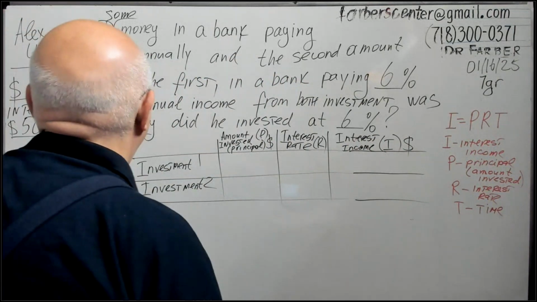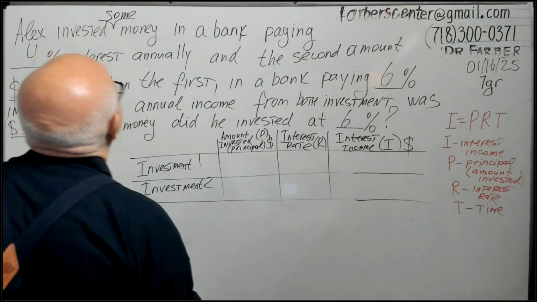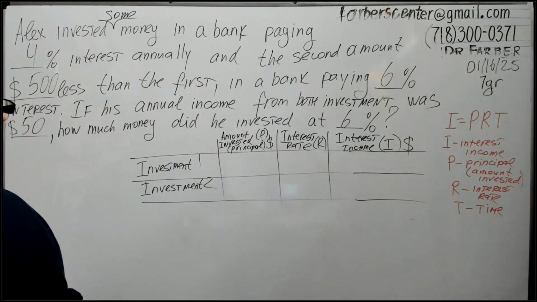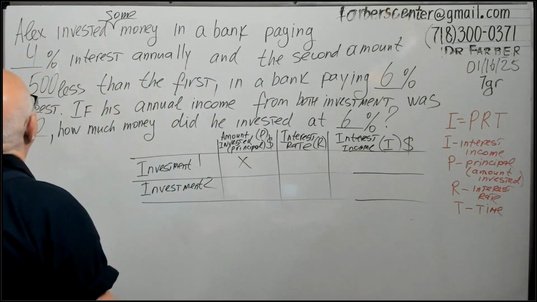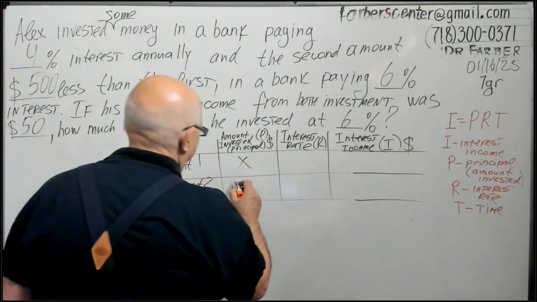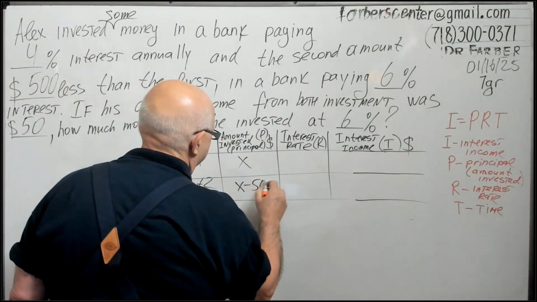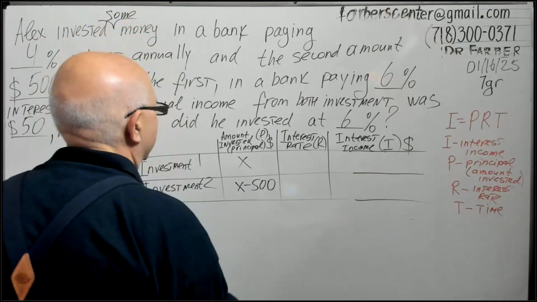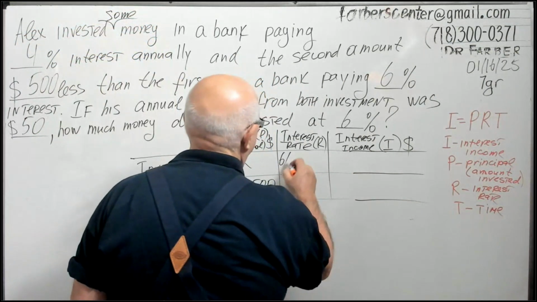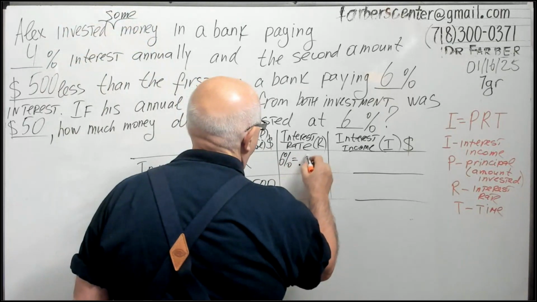Now, what do we know about this? Some sum of money, I don't know how much. But you know the second is 500 less. X minus 500. The first is 6%, like we did for the solution, 6%, which is 0.06.